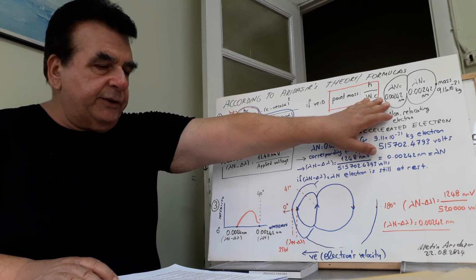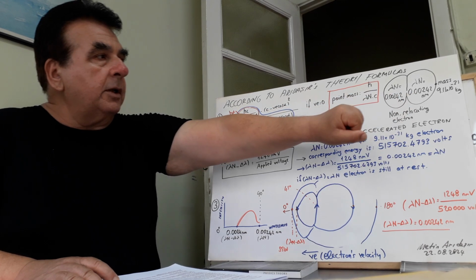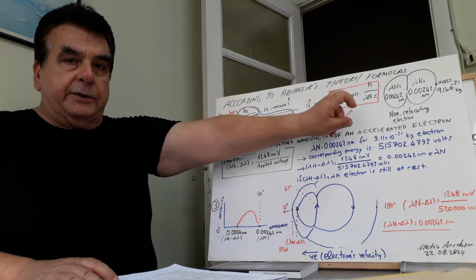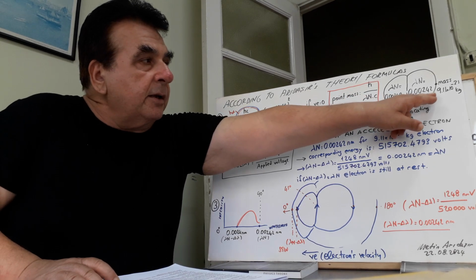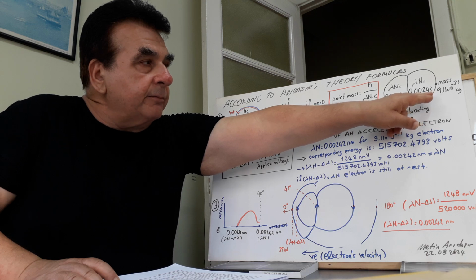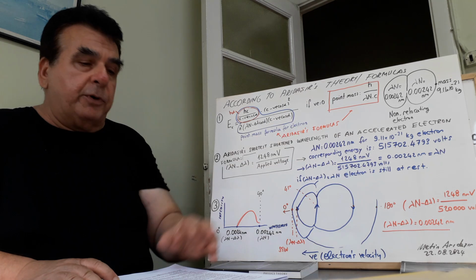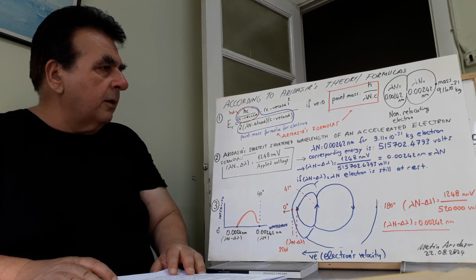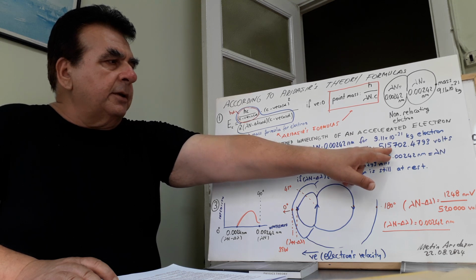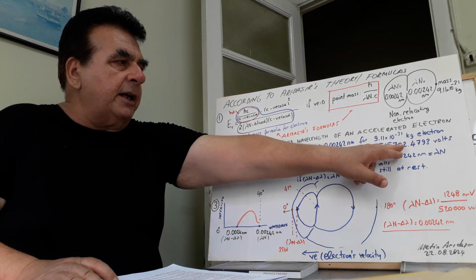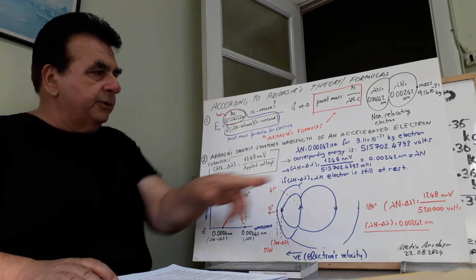The corresponding voltage for a 0.00242 nanometer wavelength sized electron at rest, with point mass 9.11 × 10⁻31 kilogram, is 515,702.4793 volts. I hope you see.